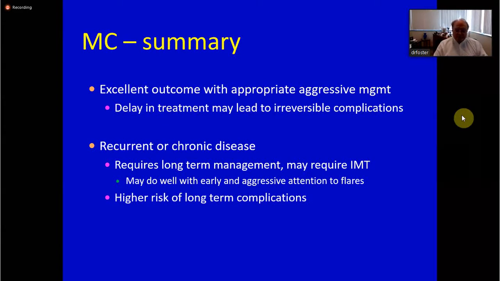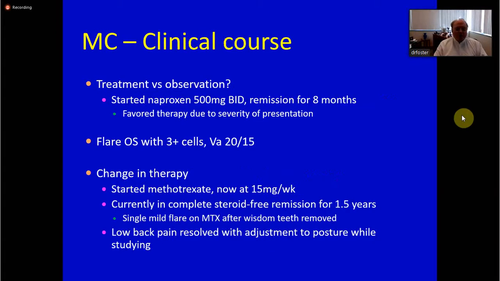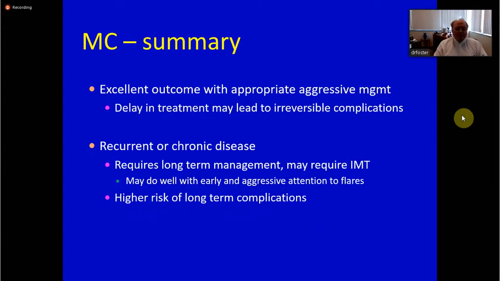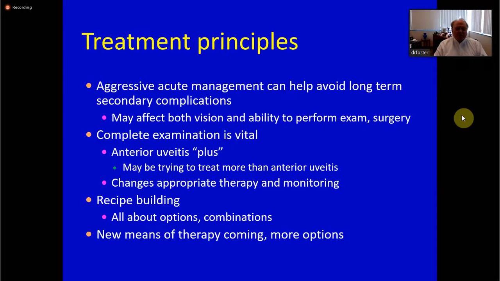Delay in treatment may lead to irreversible complications and or chronicity. Recurrent or chronic disease requires long-term management and may require recipe building, polypharmacologic therapy, may even require immunosuppressive chemotherapy and management of potential complications from such therapy long-term.